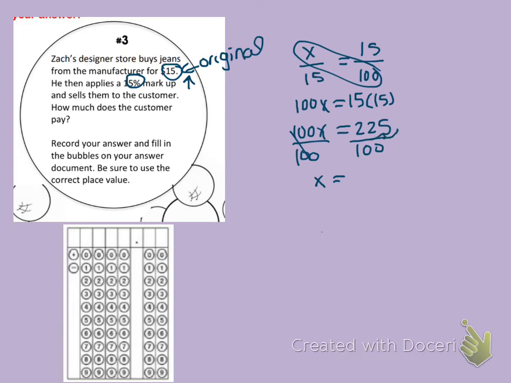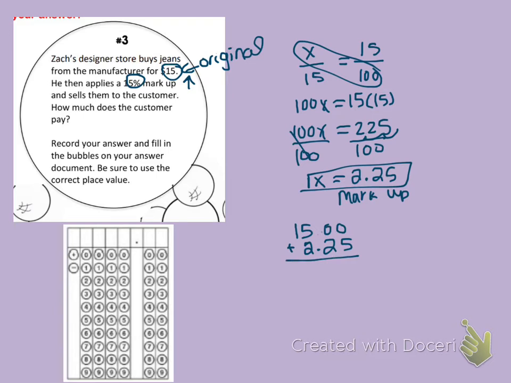That's moving your decimal in 2 times, 2.25. So that is the markup. Now notice the jeans cost $15 originally, so it makes sense that our markup answer is $2.25, right? So this is where we have to take the original cost and add the markup. So that would be $17.25 as your final answer.